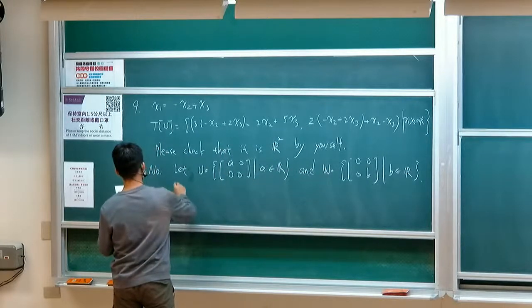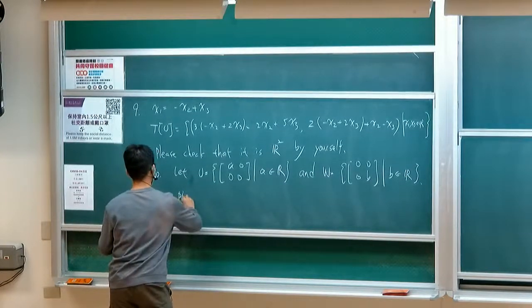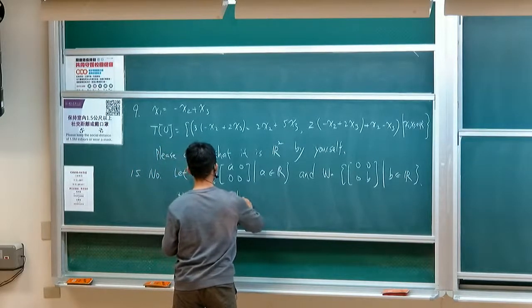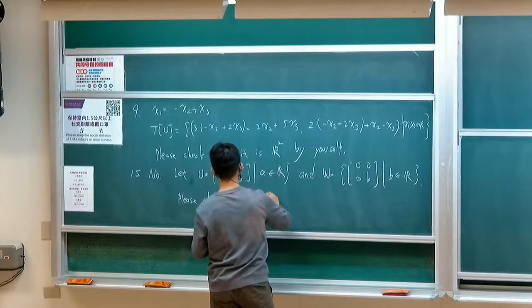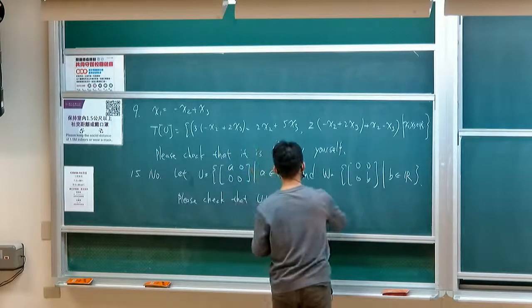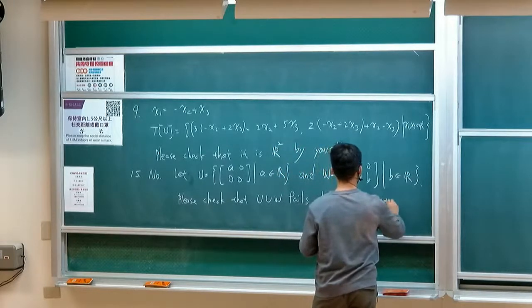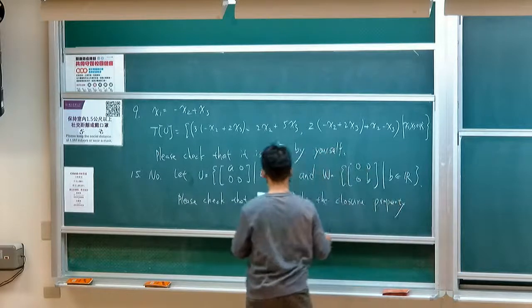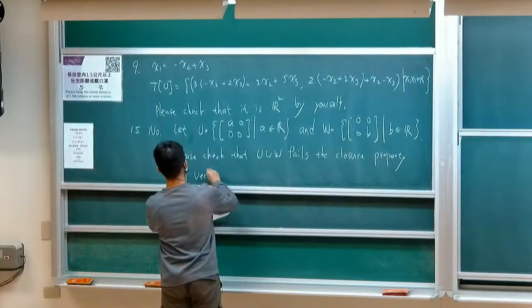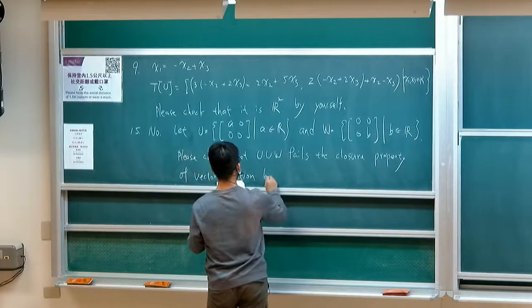Now, please check by yourself that the union of U and W fails the closure property of vector addition.